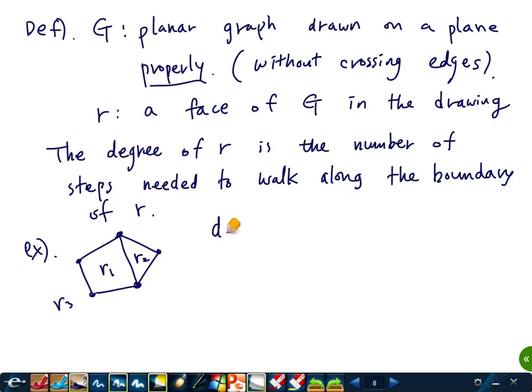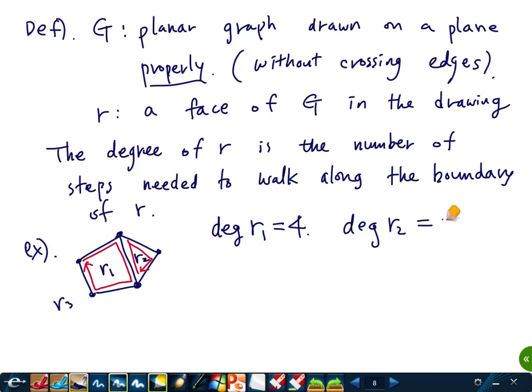And what is the degree of R1? Degree means you walk along that boundary. So boundary is this. So how many steps do we need, or how many edges do we use? 1, 2, 3, and 4. If you go this way, then in 4 steps you can complete the boundary of R1. So the degree is 4. What about the degree of R2? Again, you just go 1, 2, and 3.